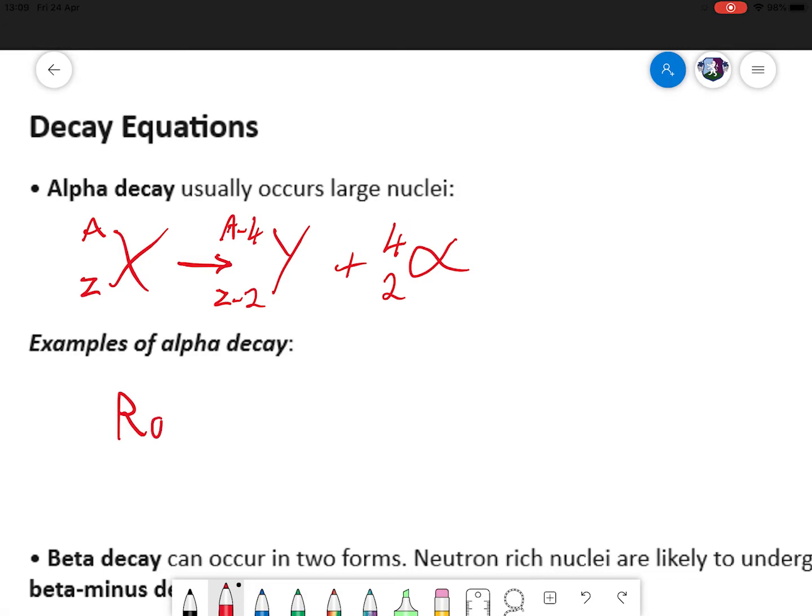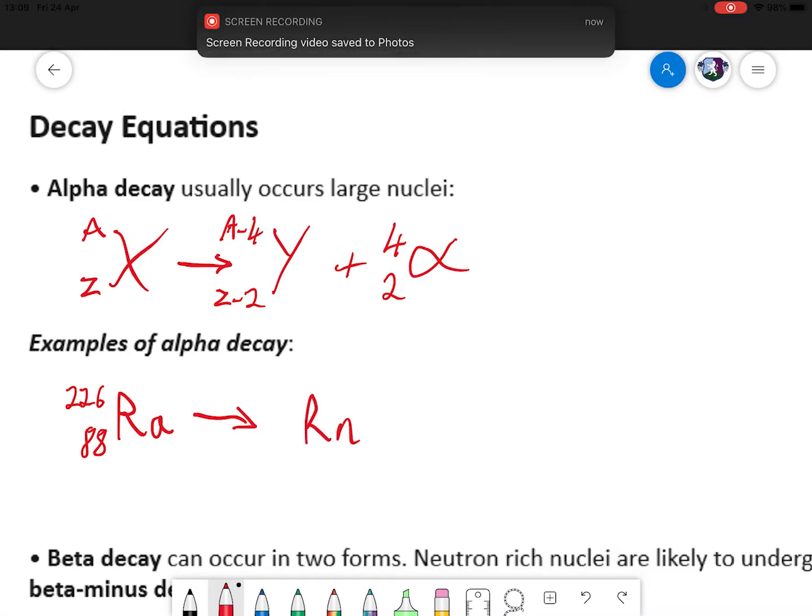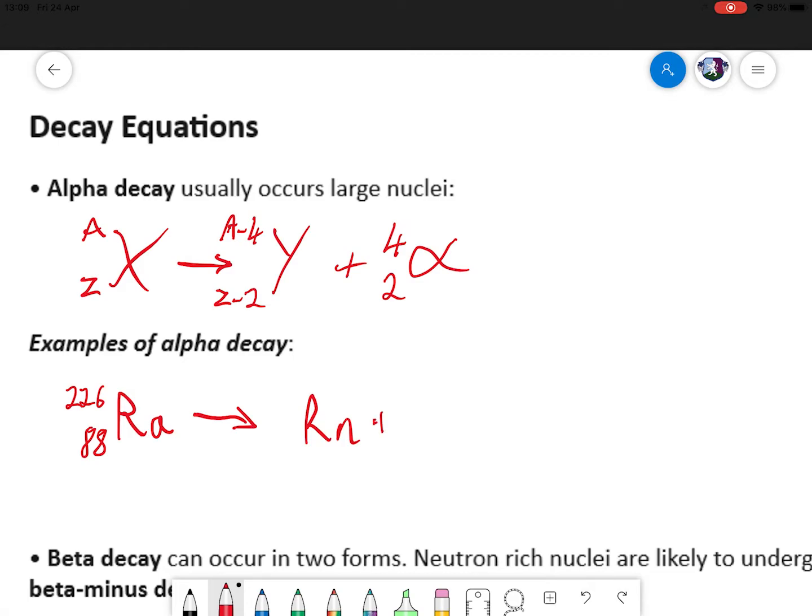Logical. So a good example here, we've got radium, which has been given a 226 as the top number and 88 on the bottom. Remember, the bottom number identifies the element. The top number, the atomic mass, can vary. Now, this is going to decay.